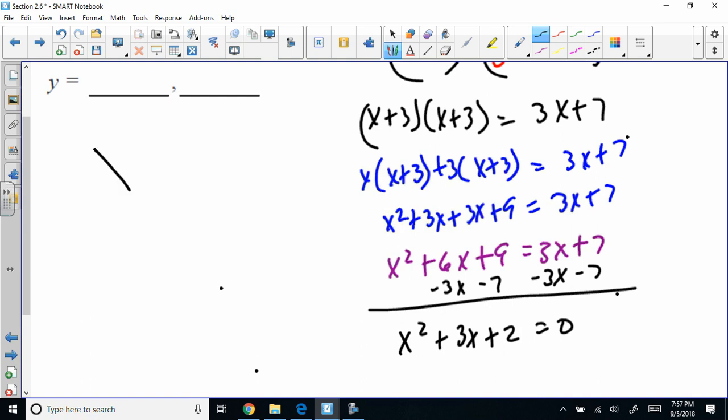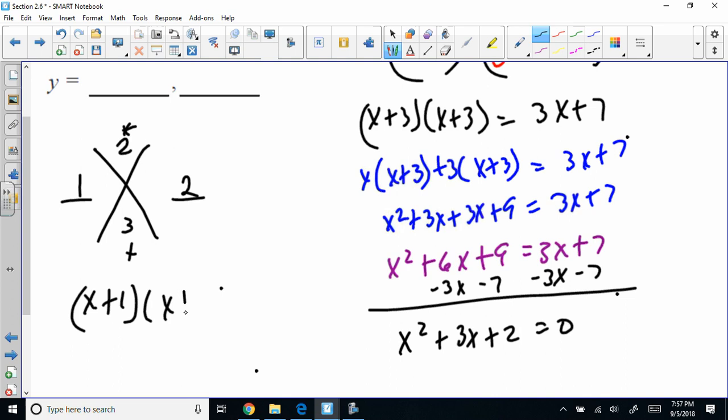What are factors of 2 that add together to give you 3? So we have x plus 1 and x plus 2 equals 0. x plus 1 equals 0, x plus 2 equals 0. So x equals -1 and x equals -2. Fair enough?